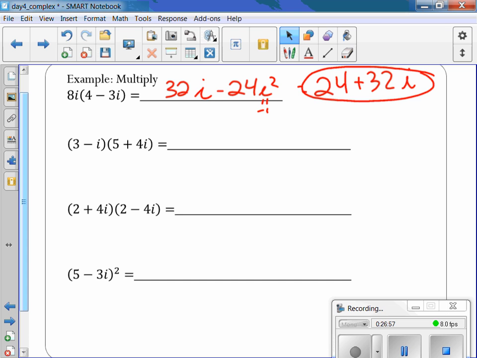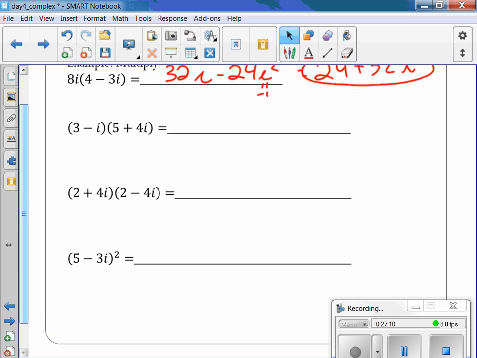What about the next one, Francine? Absolutely. Go ahead and FOIL it out. All right? So if we FOIL it, what do we get? Absolutely. Just like we would with real numbers with two binomials, right? FOIL it out. And now just simplify. What is this term?